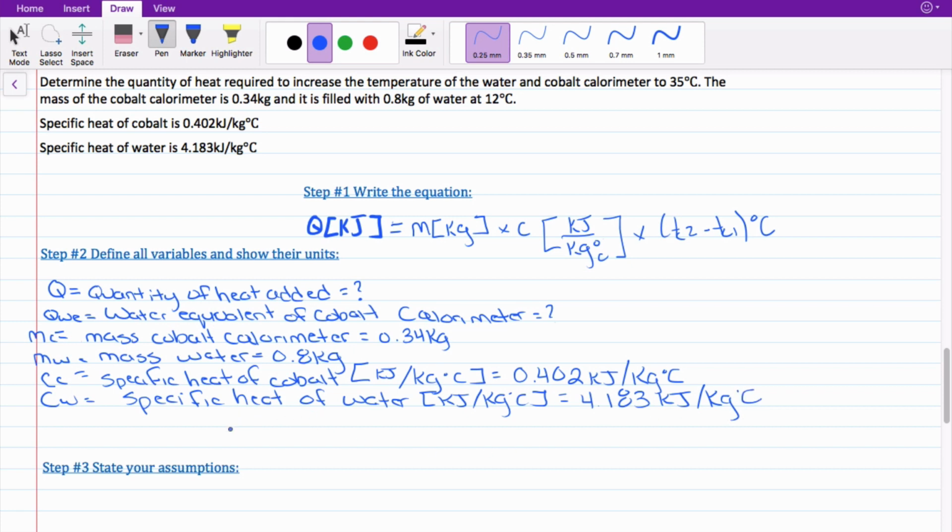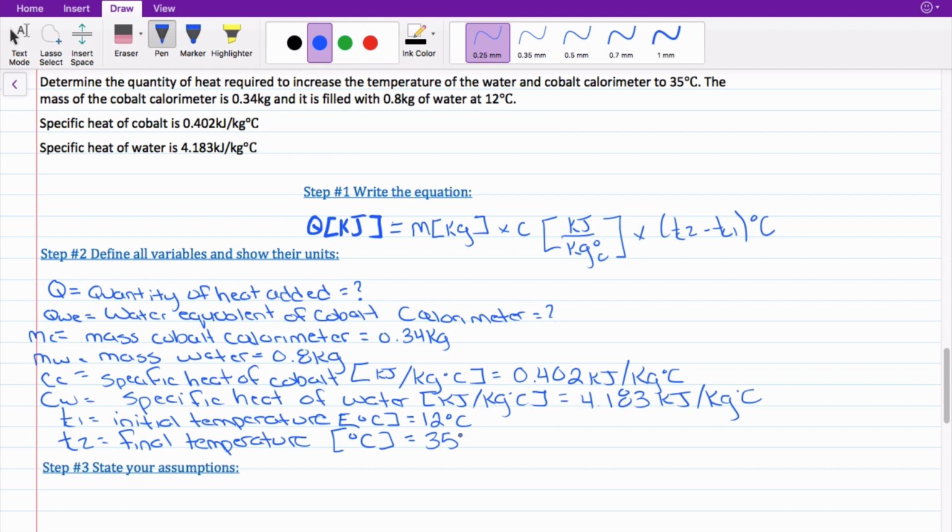We have our T1, that's our initial temperature, in degrees Celsius, and that's 12 degrees Celsius. And we have our T2, that's our final temperature, in degrees Celsius, and that's 35 degrees Celsius.